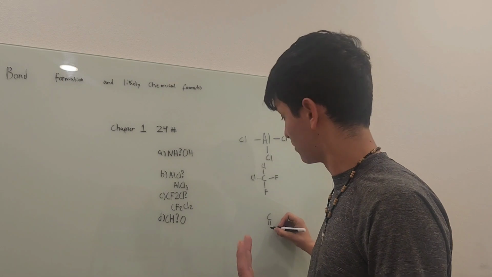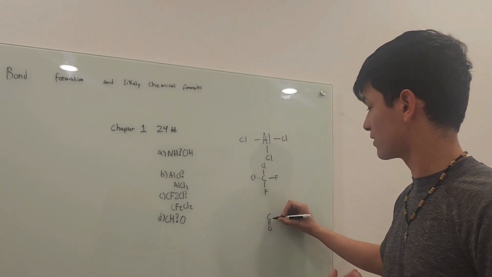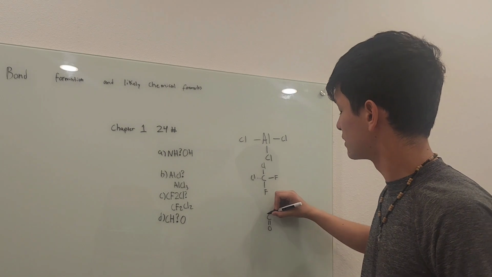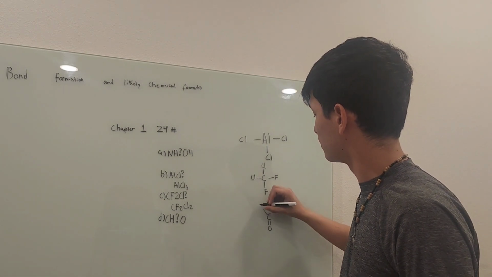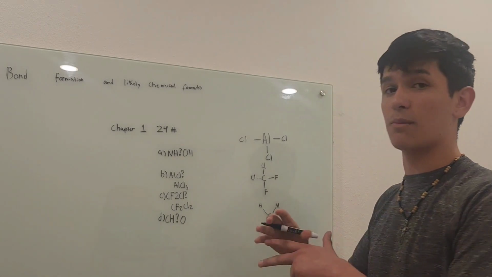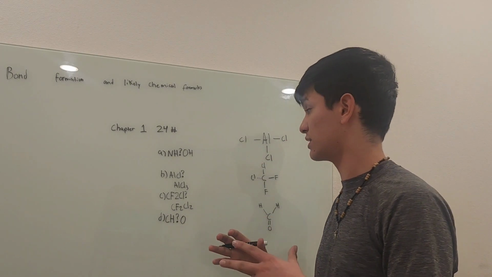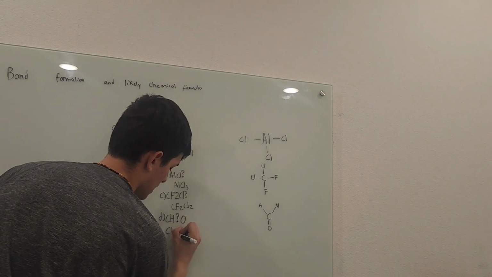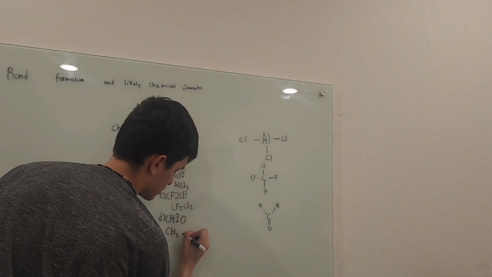Oxygen likes to make 2 bonds. So it's 2 bonds for oxygen. So you have 2 bonds for carbon. So what else can we put? You can put hydrogen and another hydrogen to complete the 4 bonds that carbon likes to make. So the answer will be CH2O.